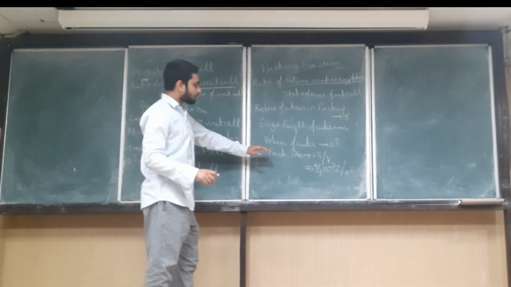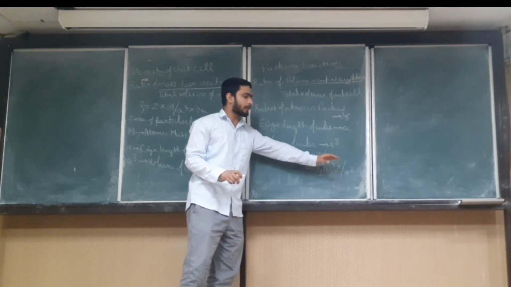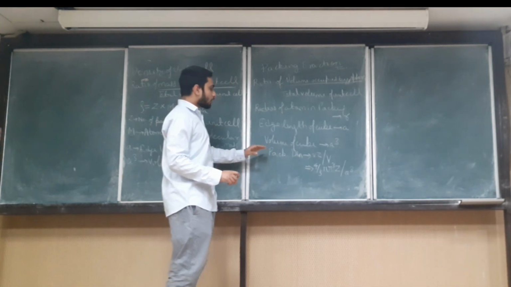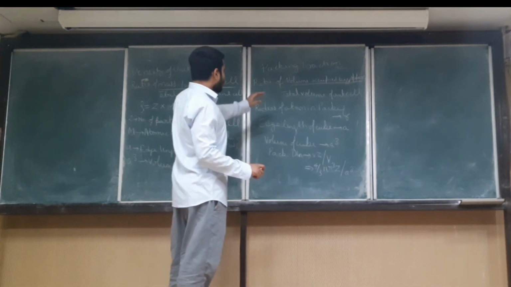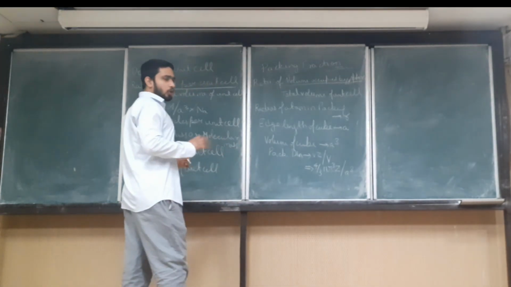So the packing fraction formula is Vz by V, or 4 by 3 pi r cube into Z by A cube. This is the formula which we have to remember: the volume occupied by spheres upon the total volume of the unit cell.